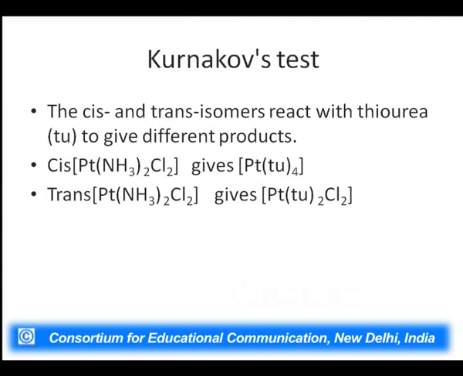The cis isomer will give rise to tetrathiourea platinum, as all the ligands are replaced by thiourea, whereas in the trans isomer only the ammonias are replaced. As the chlorides are trans to each other, they remain as such and are not replaced, because the trans effect of thiourea is more than that of chloride. So in the trans isomer only 2 ligands are replaced by thiourea, and this test can be used to distinguish between the cis and trans isomers.